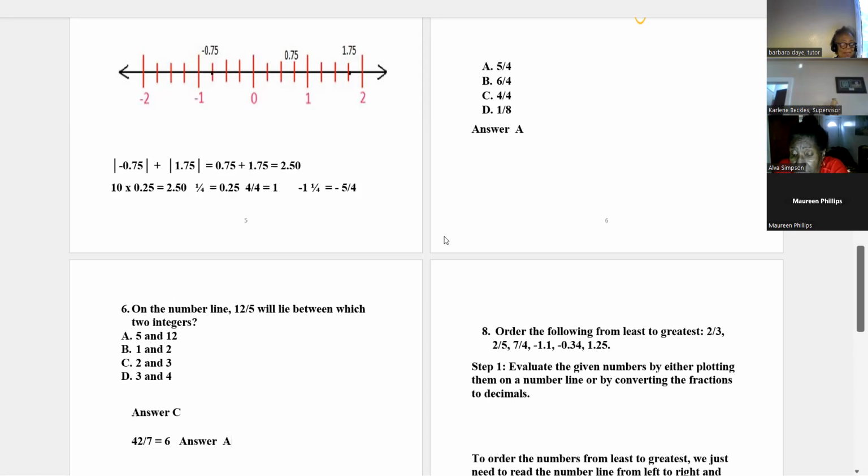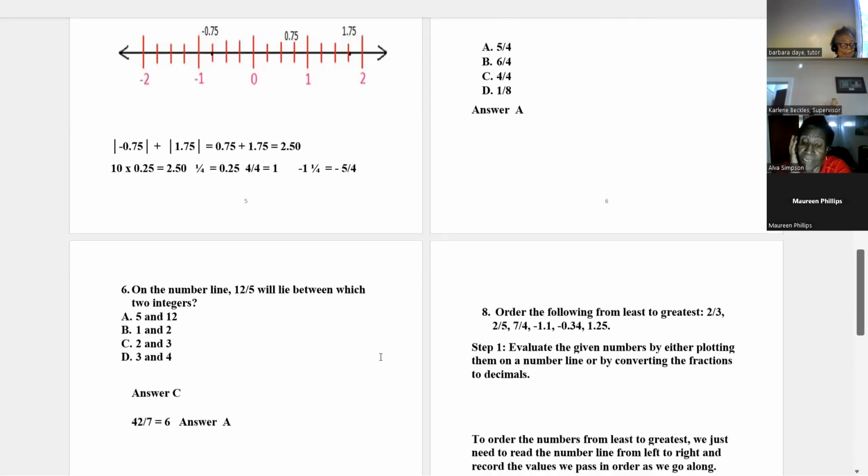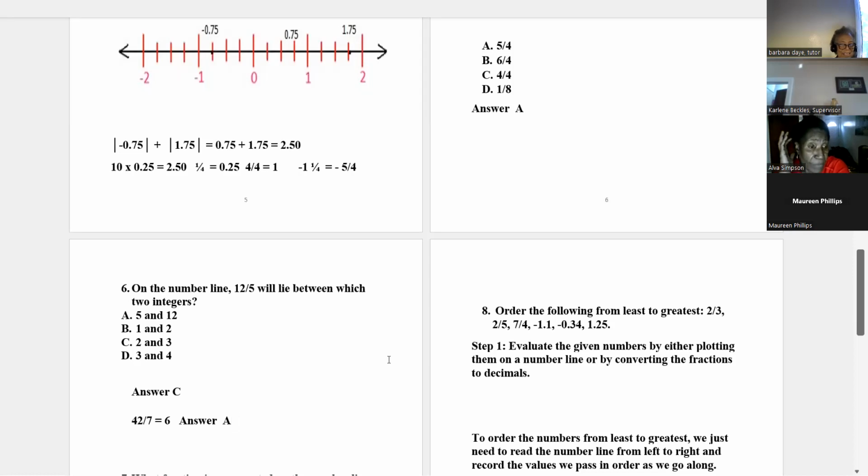Got it? It's really easy, but sometimes we're not thinking straight. Sometimes the platform makes it a little different, whereas if you're doing it on your own, you might get it quicker.